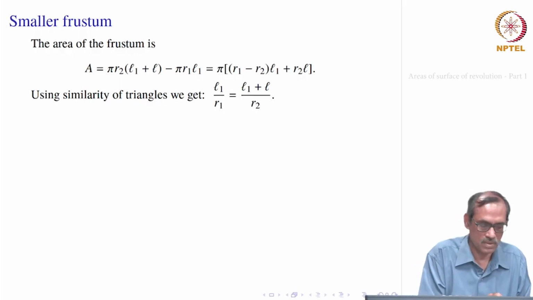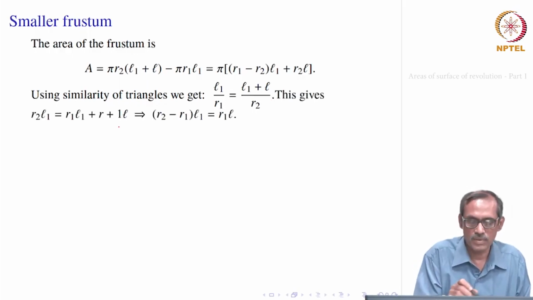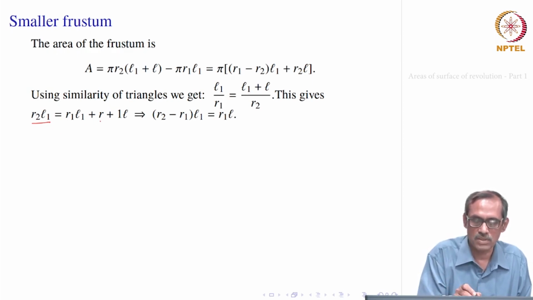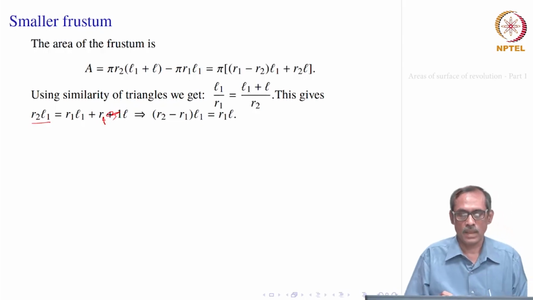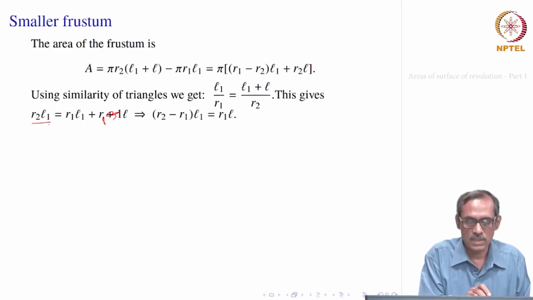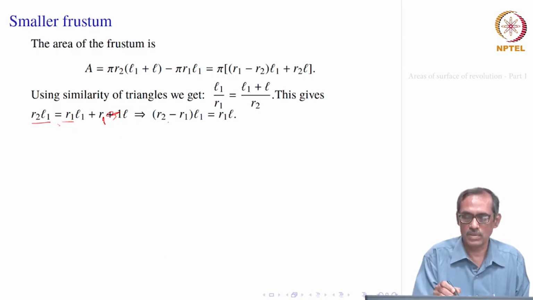So, with this R1 R2 relation, we find that R2 L1 equals R1 times L1 plus R1 times L. So, now from this you get R2 minus R1 times L1, taking this one to the left side, equal to R1 times L. So, this is the relation we get between L1, L and R1, R2.